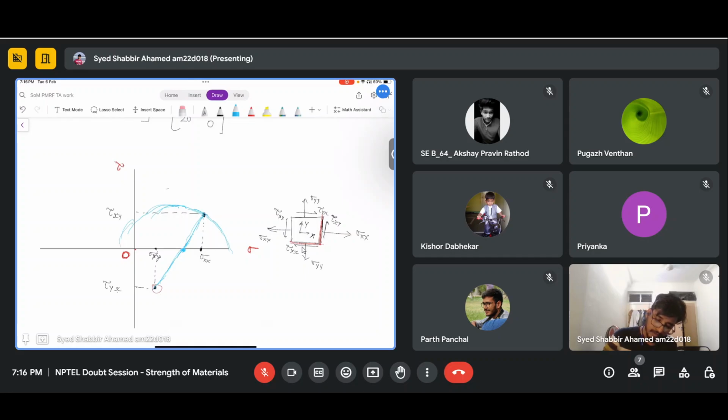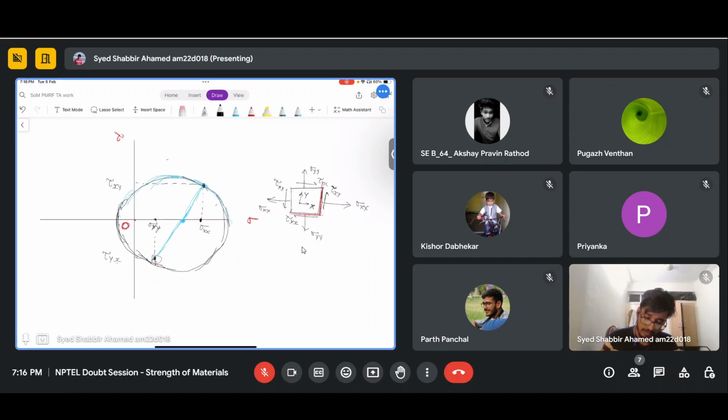Sorry if you think my drawing skills are bad, because this is on an iPad, so the circle is coming out very bad. This is an ellipse, but you assume it as a circle. So this is the way to draw the Mohr circle.